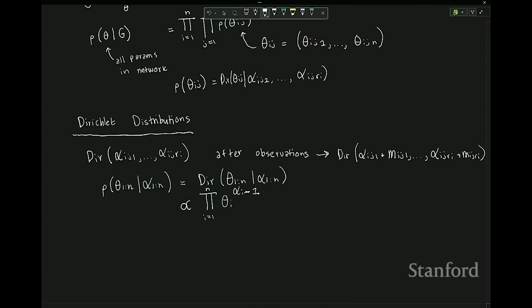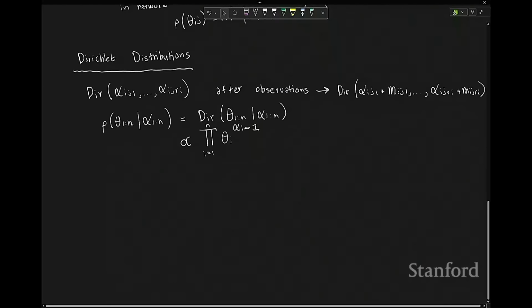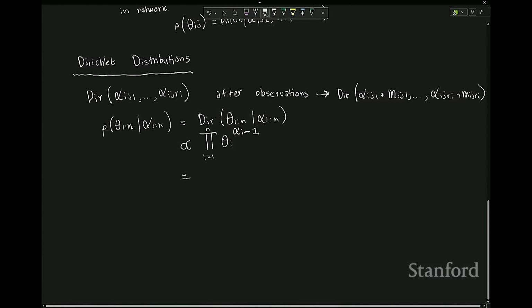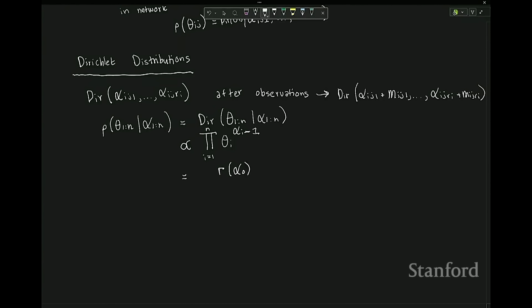And I say proportional rather than equal to because we're missing a normalization constant that we need to make sure that these probabilities all sum to 1. And that's just using our gamma functions that you'll recall from the previous lecture. So that constant is going to look like this. We have gamma alpha 0 over the product from i equals 1 to n of gamma of alpha i. And then just that normalizing constant times the products we initially had.